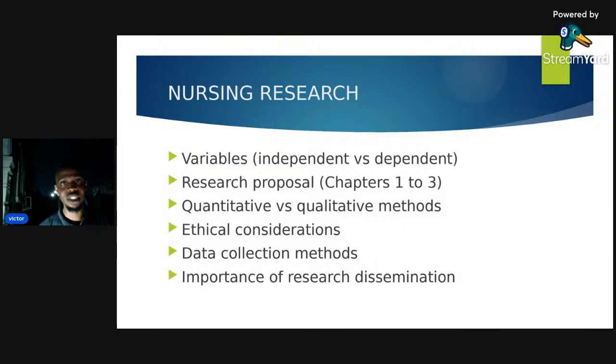While for qualitative research, it is explorative in nature. What you just want to get is what people are experiencing, their experiences. You want to get their experiences about a major problem.